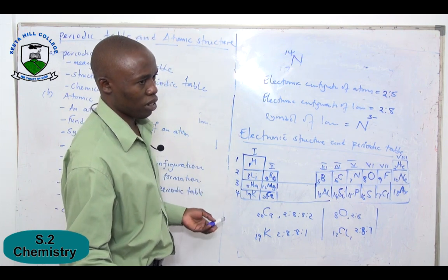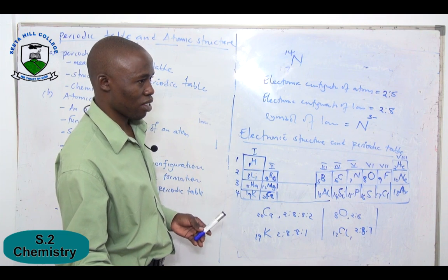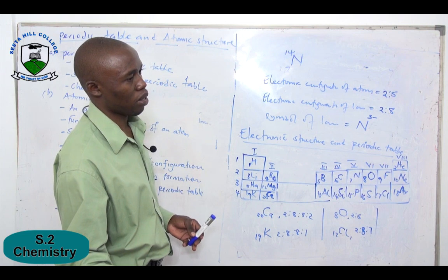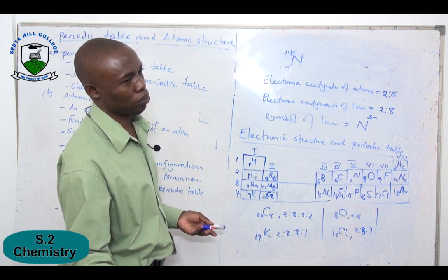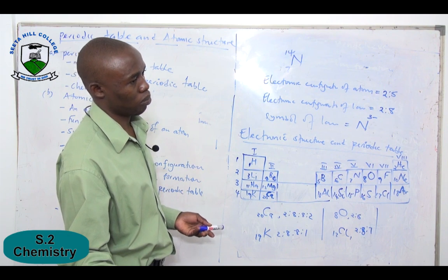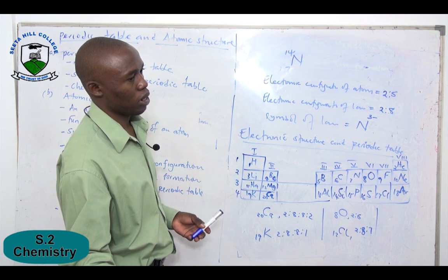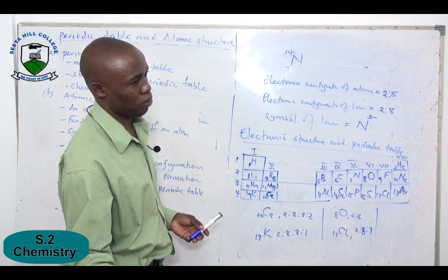It's a pattern. Calcium being in group 2, the last shell is 2, and oxygen being in group 6, the last shell is 6, so oxygen will get 2 electrons from calcium to make it stable. The group number is equal to the number of electrons in the outermost shell.